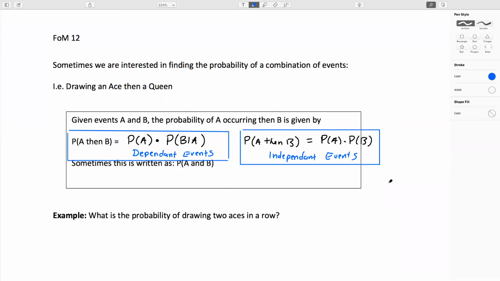Sometimes you'll see this written as probability of A and B. It's just the wording of the question. The idea here is that you're always going to be multiplying the probabilities of each independent or each individual event.